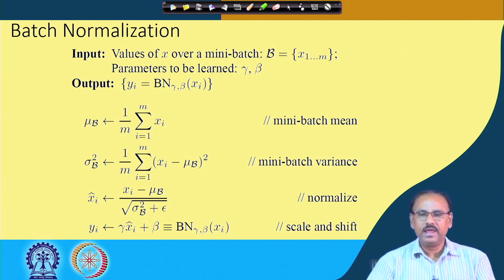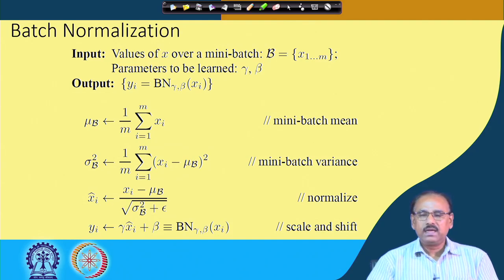In this expression, m is the number of examples within the batch, or the number of training samples within the batch. In the same manner, you compute sigma squared within a batch, that is sigma_B squared, and then you normalize x_i with respect to this mu_B and this sigma_B. So your normalized value becomes x_i hat, which is x_i minus mu_B upon square root of epsilon plus sigma_B squared. So this is your normalized value.